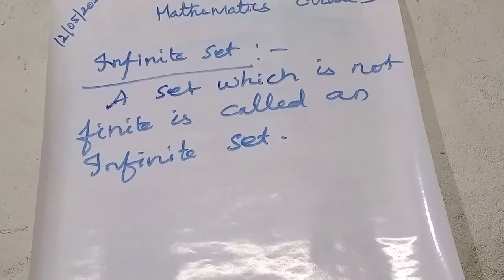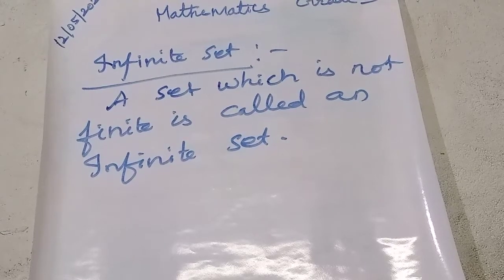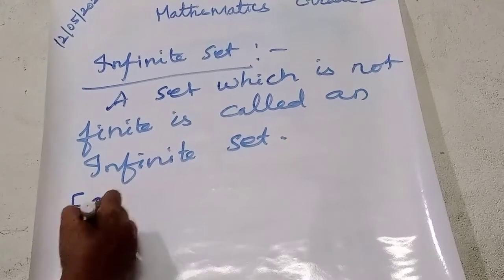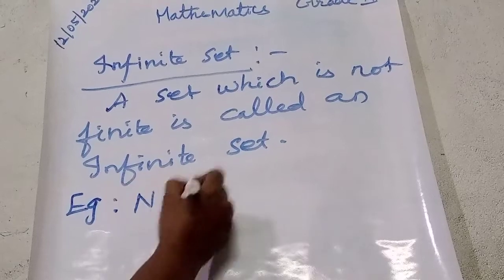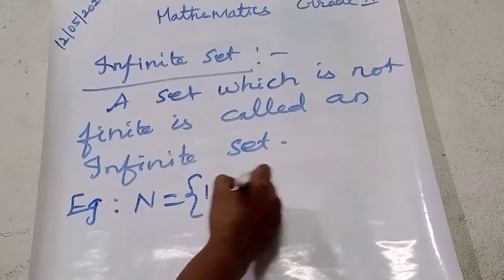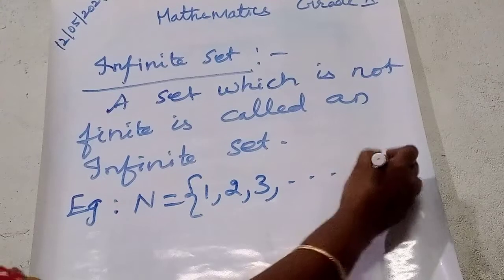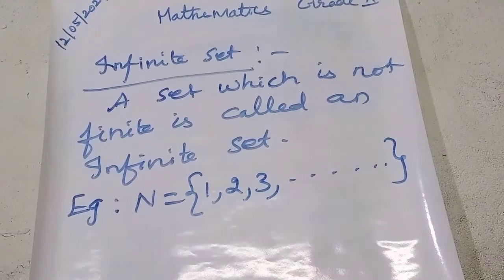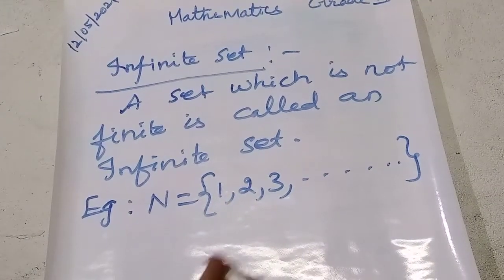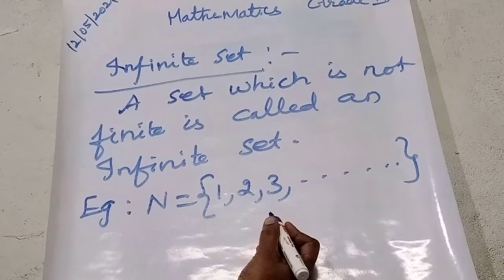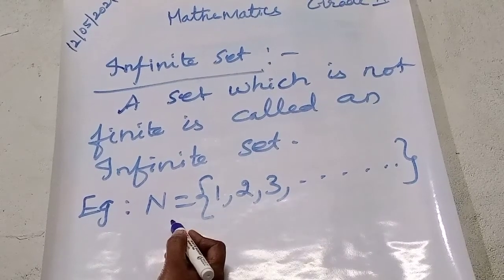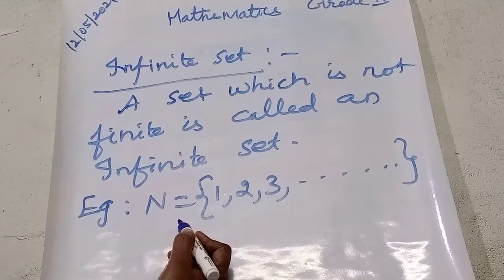Uncountable number of terms. For example, the natural numbers N is equal to 1, 2, 3, etc. The last term we cannot define, there is no end. So this type of set can be called an infinite set.